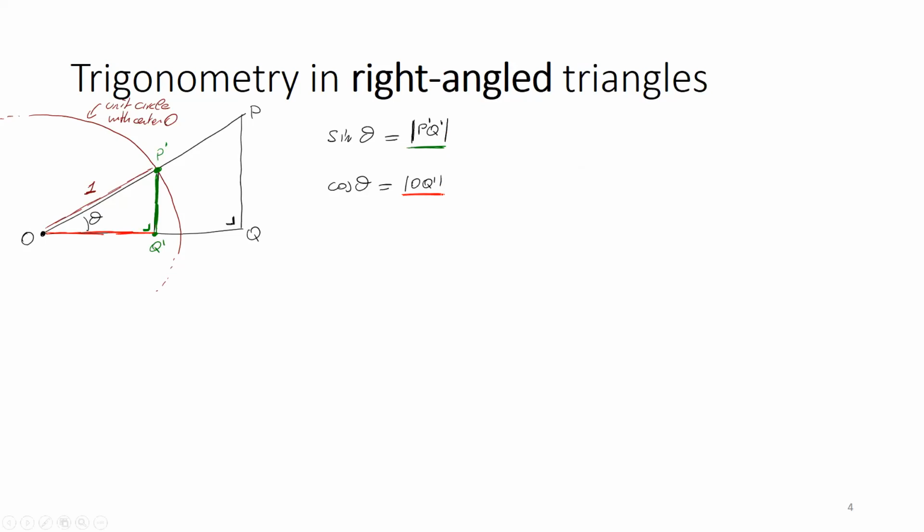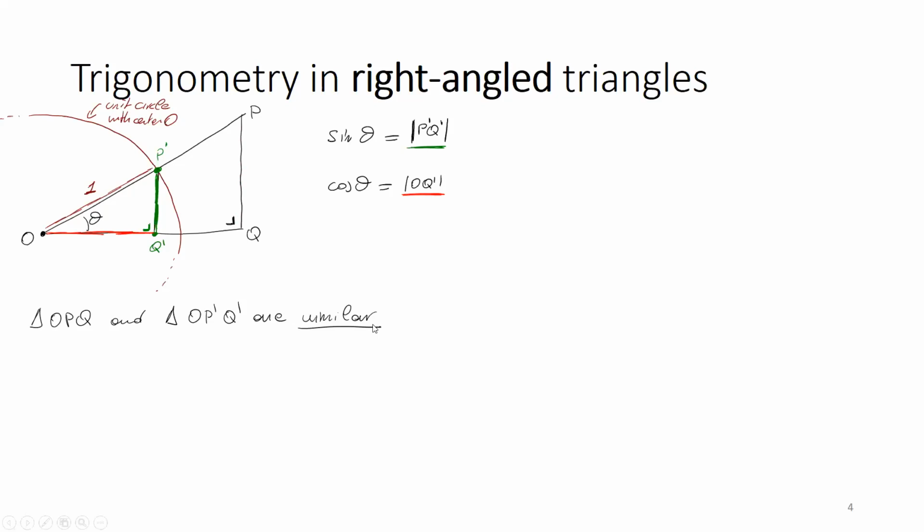Well, in order to understand that, I need to look back at the relation between the bigger and the smaller triangle. If I compare these two triangles, I have triangle OPQ and triangle OP'Q'. And these two triangles are similar. And what does that mean?